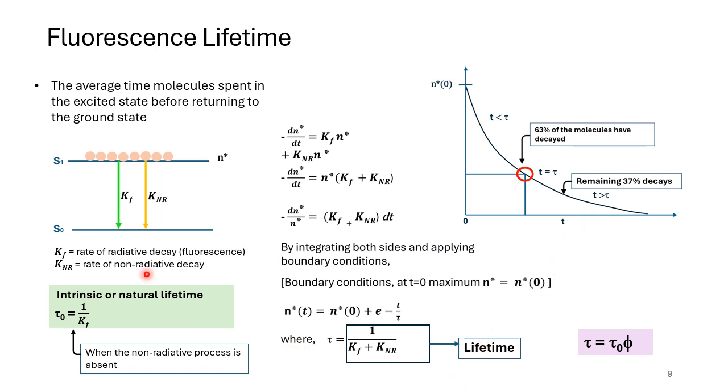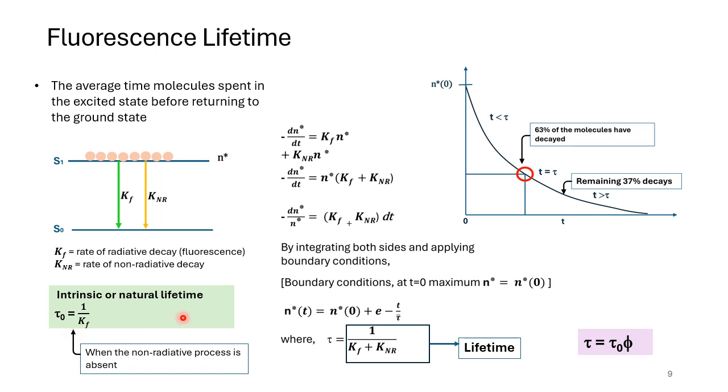When there is no non-radiative decay in this process, at that time the lifetime becomes 1 by kf only, and this is known as the intrinsic or natural lifetime.